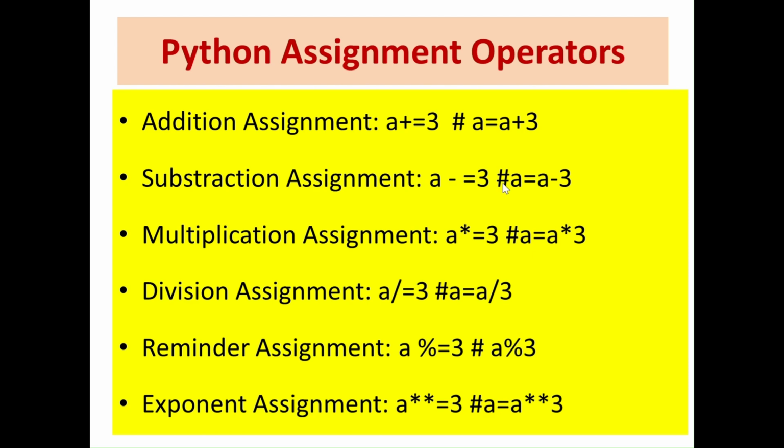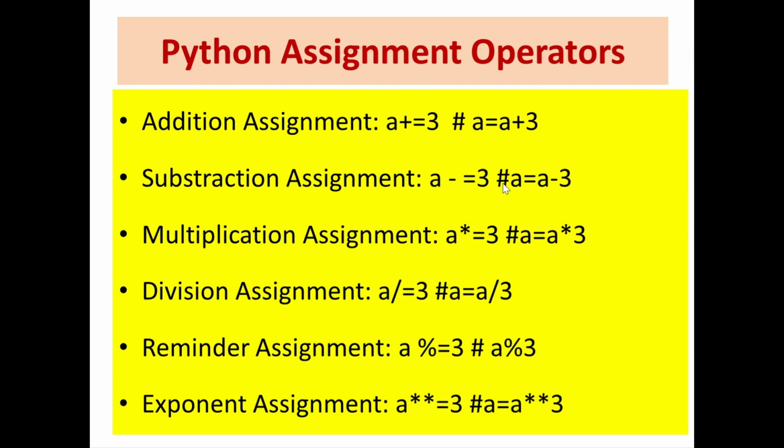In this, a plus is equal to 3, I have shown. That means the new a will be equal to a plus 3. Similarly, each one is giving a new a value when I write the assignment operator.